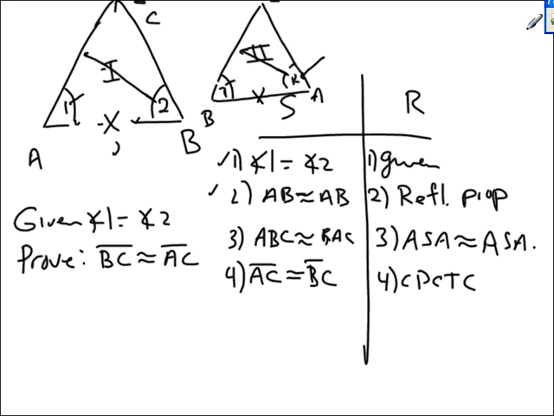And now we know that they're equal. Okay, so that's that proof. Very important. So basically, if two angles are equal, then the opposite sides are equal. If two sides are equal, then their opposite angles are equal. Which means, to prove that a triangle is isosceles, it's enough to show that either two angles are equal or two sides are equal. And of course, I should say at least.